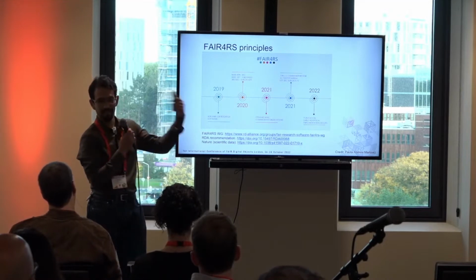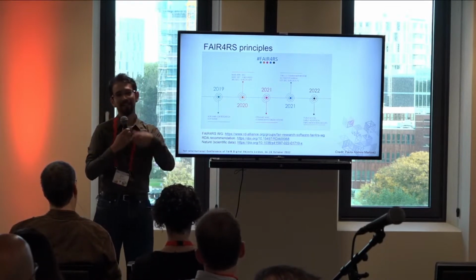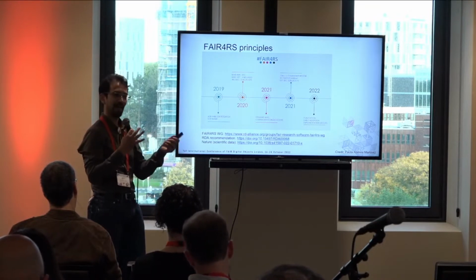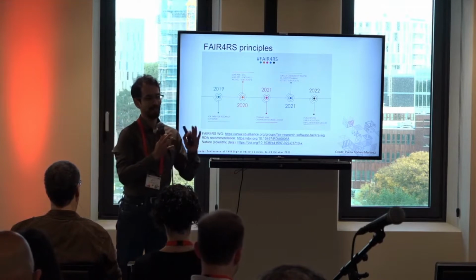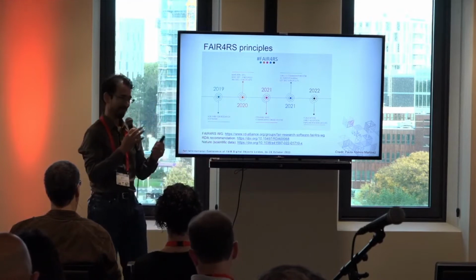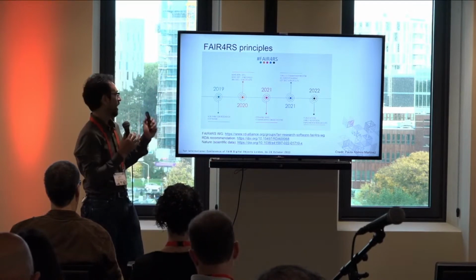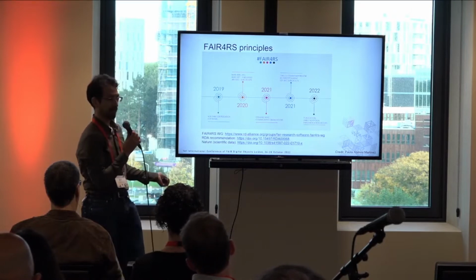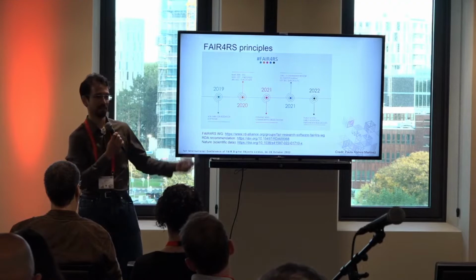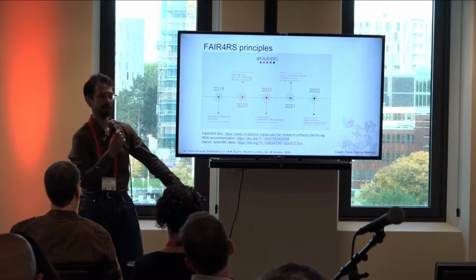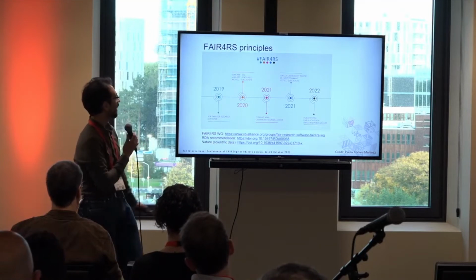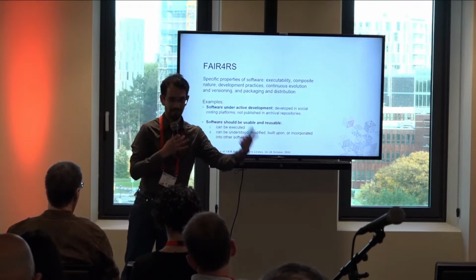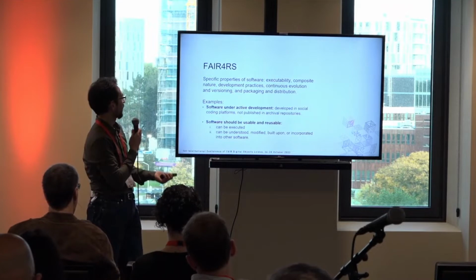We had an extensive community consultation where people contributed to the principles and had interesting discussions on whether these were suitable, or going too far, or should be done another way. In the end, we got to a final version, which was published as an RDA recommendation. There was also a Nature Scientific Data paper that came out two weeks ago, I think. So they are available, and it's important.